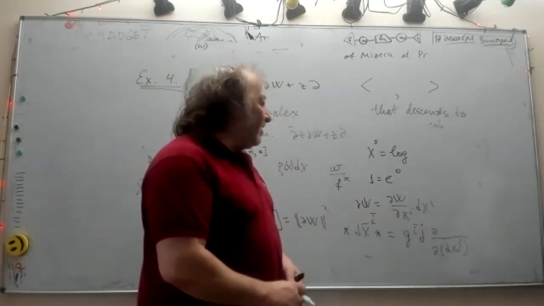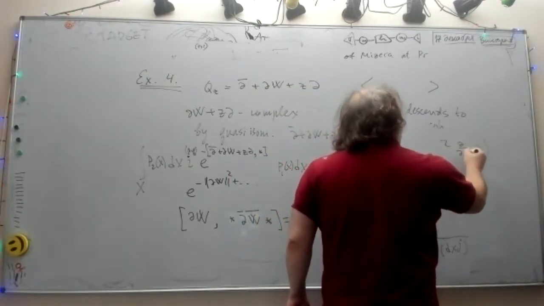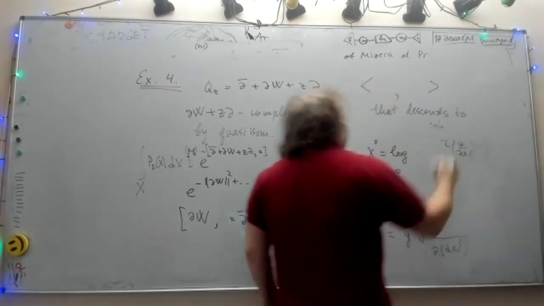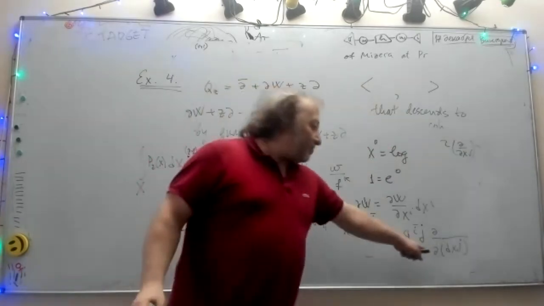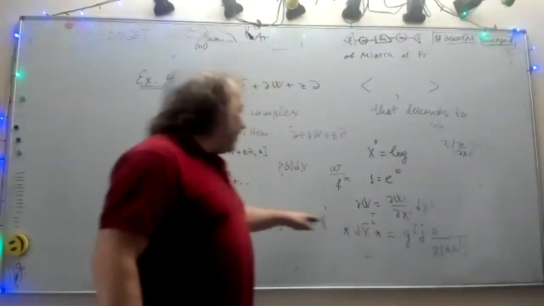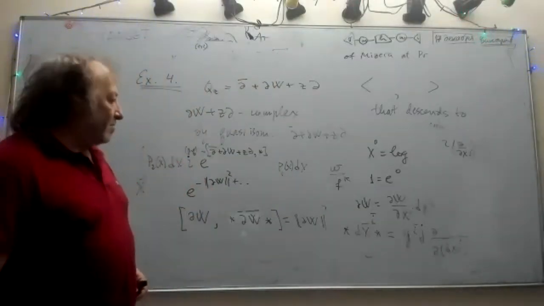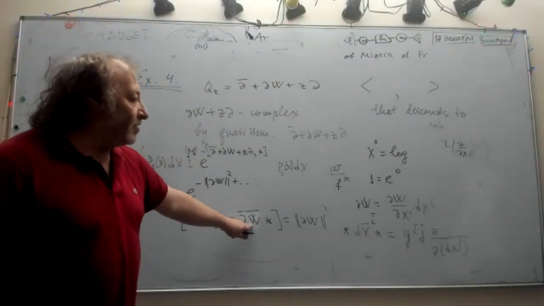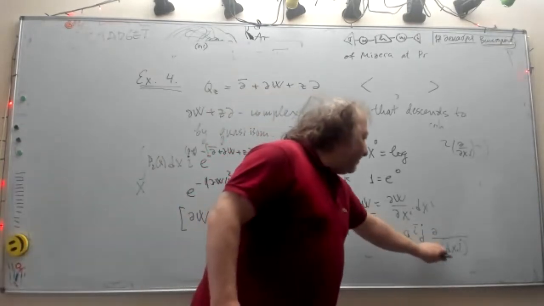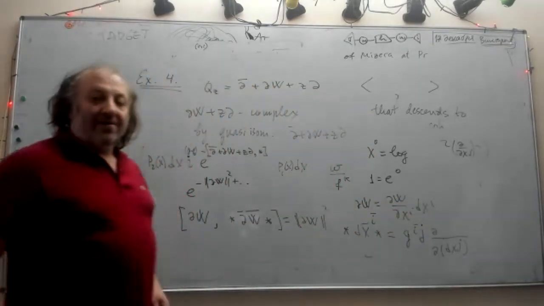So in the 19th century, people wrote it like this, but it's not very transparent. I prefer this. So that's how I prove this formula. Take the derivative, see that it differentiates dxj, and here we have dxi. That's it.